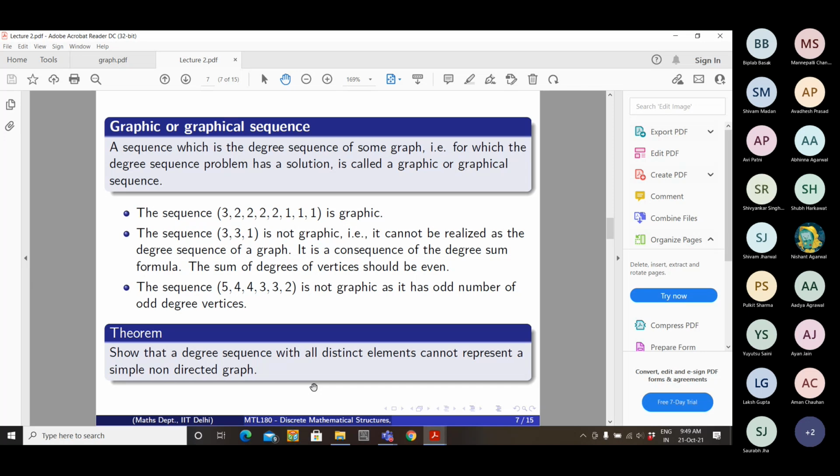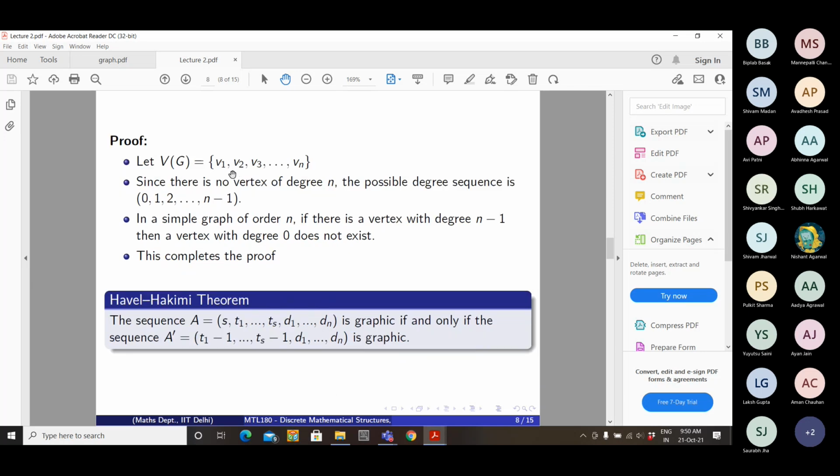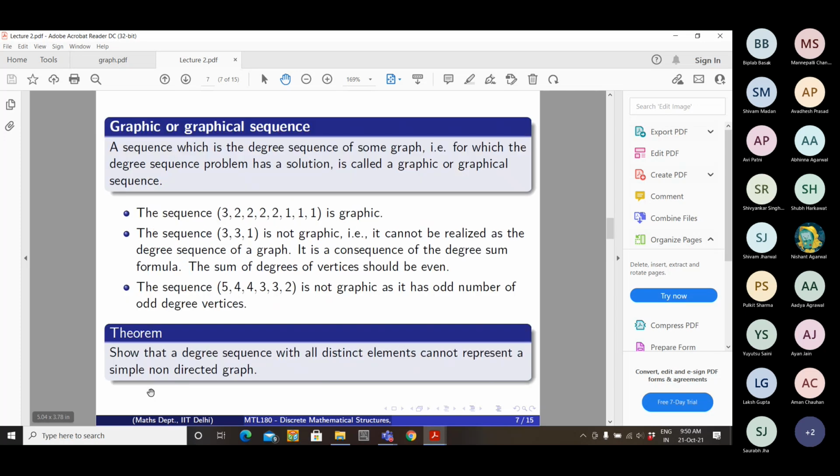So if we look at the proof, suppose your vertex set is v1, v2 up to vn. Now here we see that none of the vertices is of degree n, because we have taken a simple graph, so loops are not allowed.